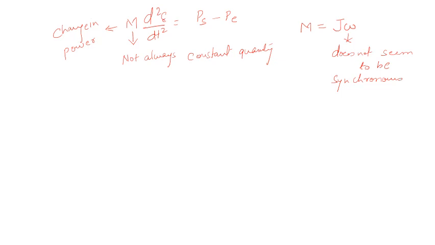because the swing equation applies when there is an acceleration or a deceleration. And when there is an acceleration or deceleration, that means the speed changes, right? And if your speed changes, that means M will not be constant.